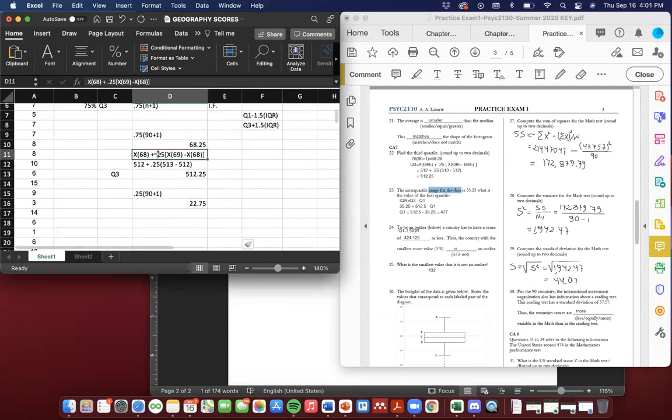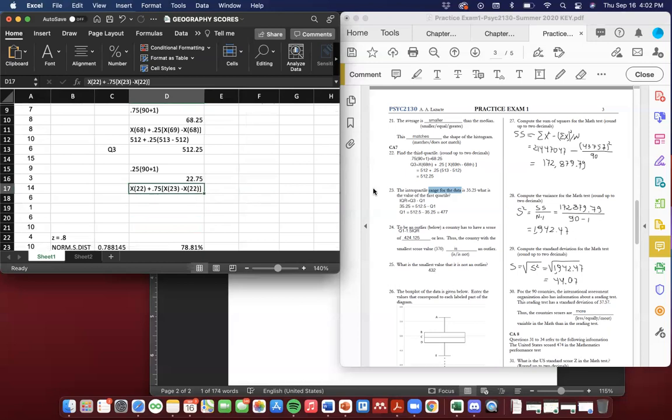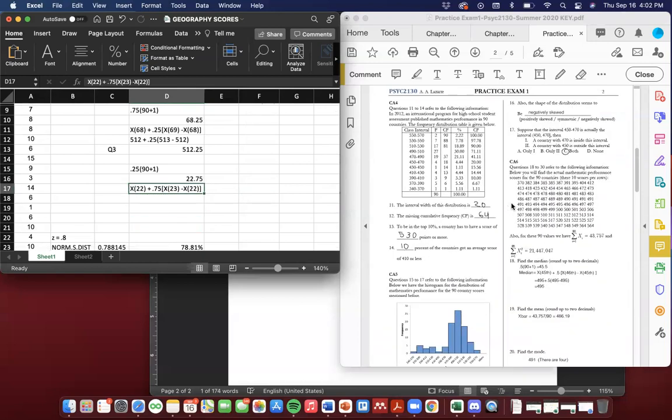Now we plug that in. 22 plus 1, I plus 1. And this becomes point, the fraction right here. So now we need the 22nd value of x, not that x is equal to 22.